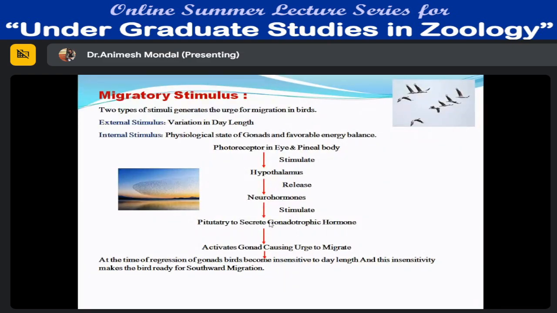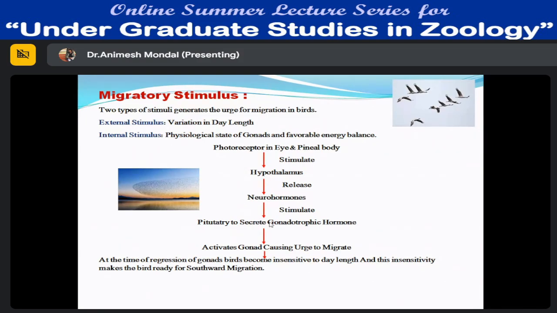So, when the bird observes a change in day length, that stimulates its pineal gland. And when the pineal gland is stimulated, it is not necessary that the stimulus moves through the optic source. Certain experiments show that there are also other sources.